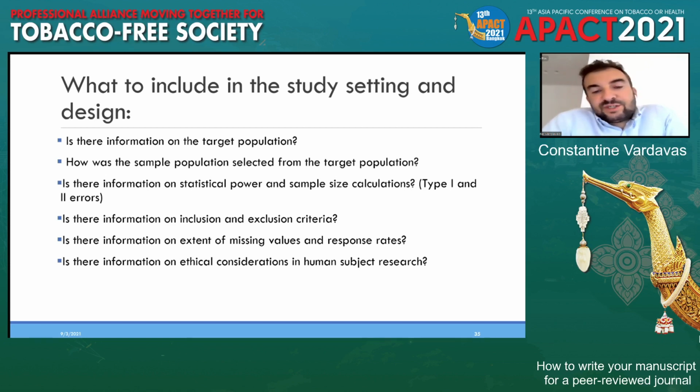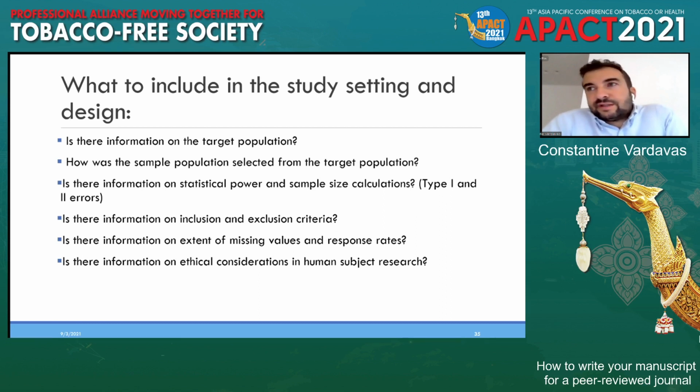And information on ethics is absolutely important, because it's very good when you write a manuscript to have a few specific lines on ethics. It's a very big tick box that editors have. Does the study meet all ethical requirements?